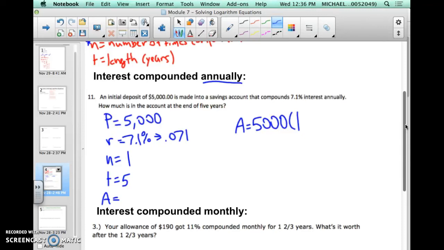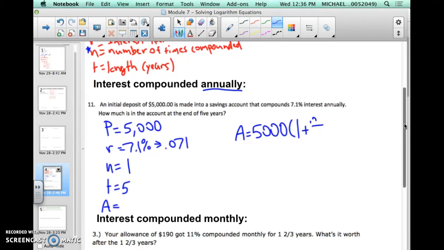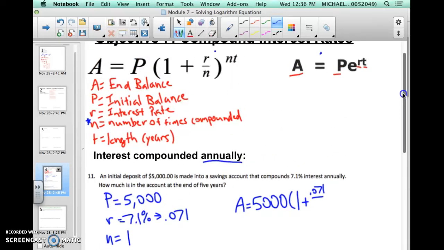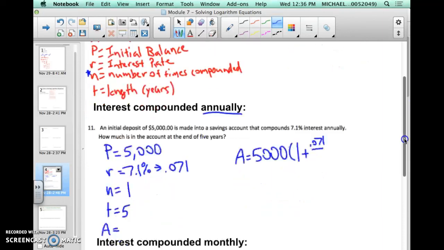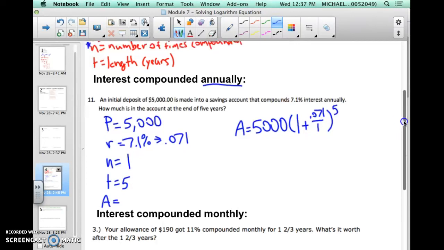It's an investment, right? If it was a car loan, it would be minus, meaning it would depreciate over the length of the term. So I'm going to put plus. Now, my R goes on top, and I put it in decimal form, 0.071. My N goes on the bottom. So N is 1 in this case. And then I raise it to the 5 times 1.